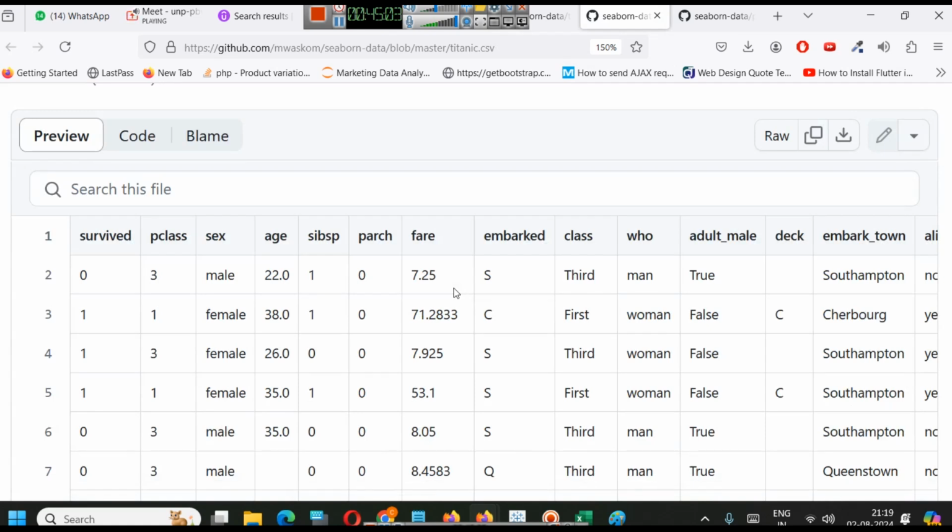The same happens with Titanic also. In Titanic, the output variable is survived. Whether the person will survive or not, if the person is female of class 1, what are the chances? You have to calculate it through data analysis, and you can make some kind of conclusion. So this is also a good data set to explore.